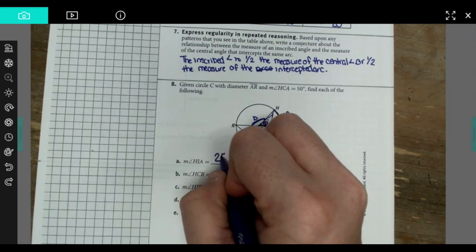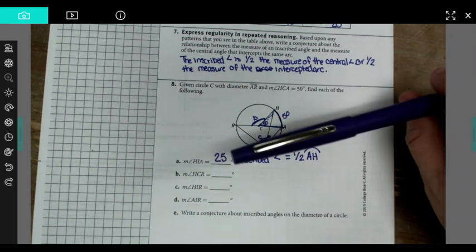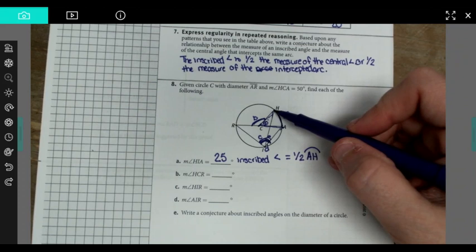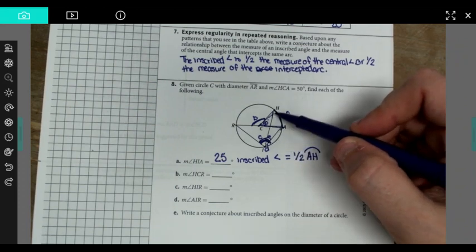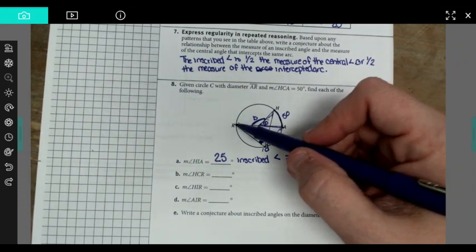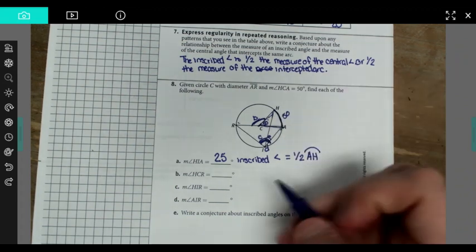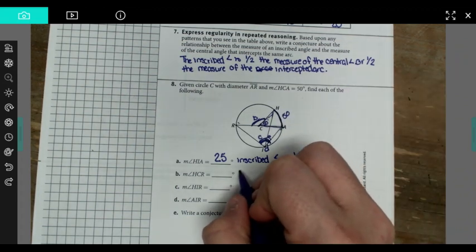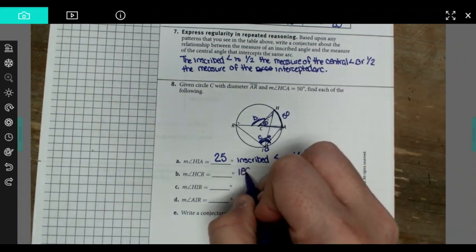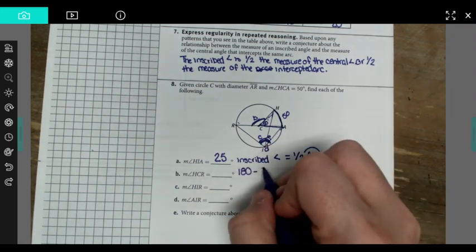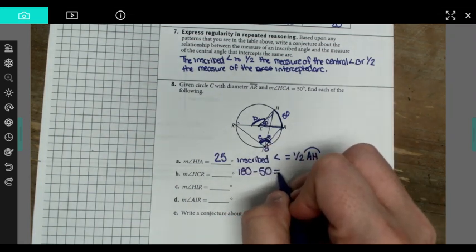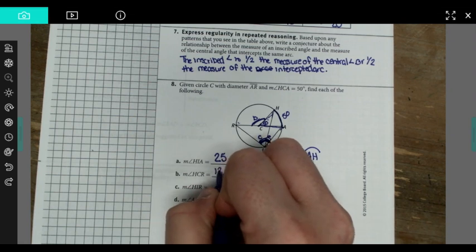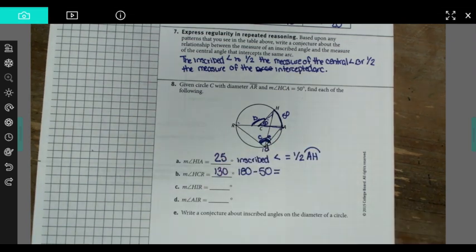So that would be 25 degrees. HCR, right here, is the other half of a diameter, so we take 180 minus the 50 we already know, and that equals 130 degrees.